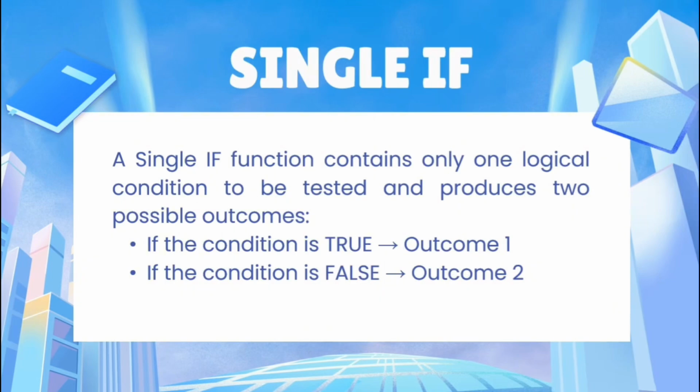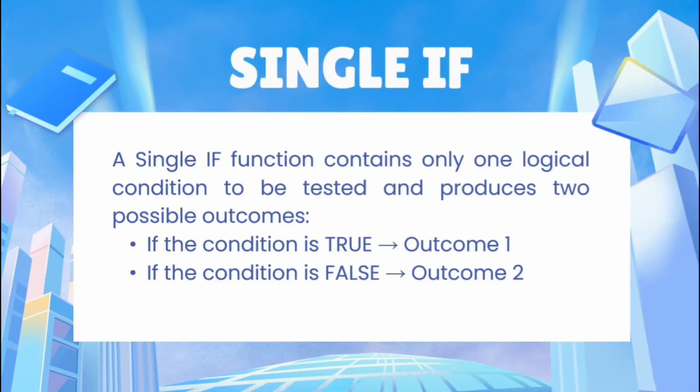A single if function is the simple form of the if function. It is used when we only need to evaluate one condition. There are only two possible results because the condition can only be either true or false.